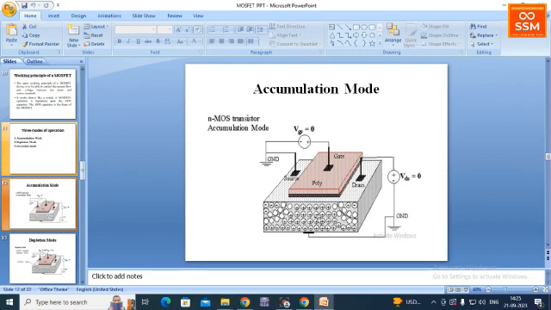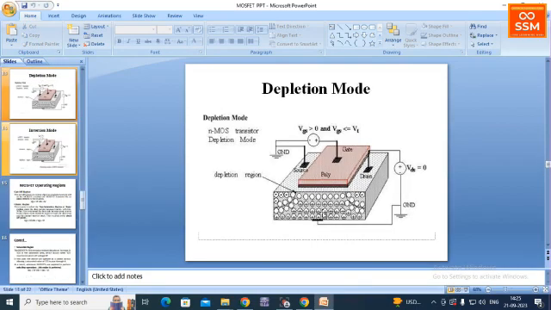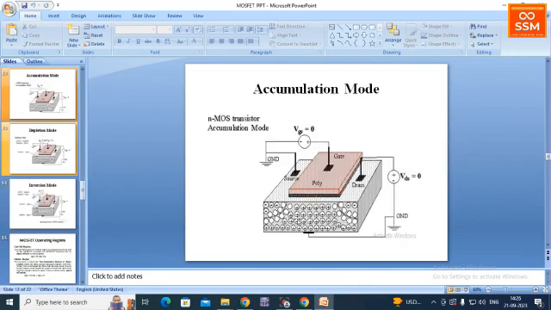Under this condition, let's see what happens inside. As I said, in this accumulation MOSFET, this layer is made up of p-type semiconductor material, so the majority carriers are holes. The left corner part represents the source region, and the right corner part represents the drain region.